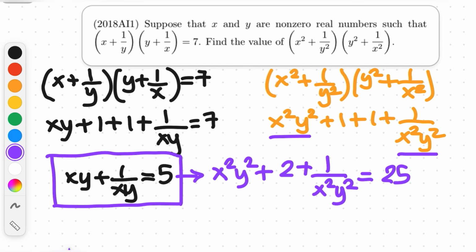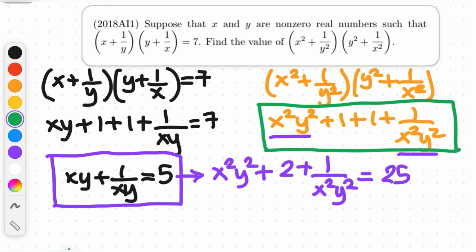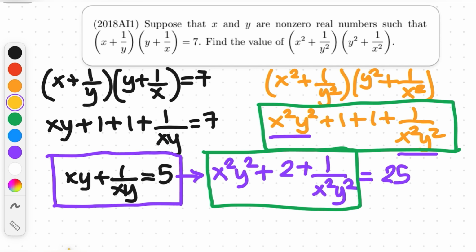And the stroke of insight here is to notice that the result we got from manipulating the required expression and the square we got here are in fact exactly the same. Hence, the value we're looking for is already here. It's equal to 25.